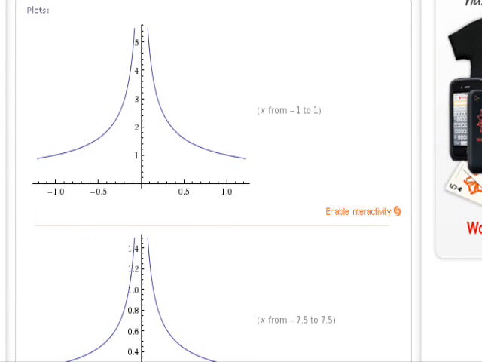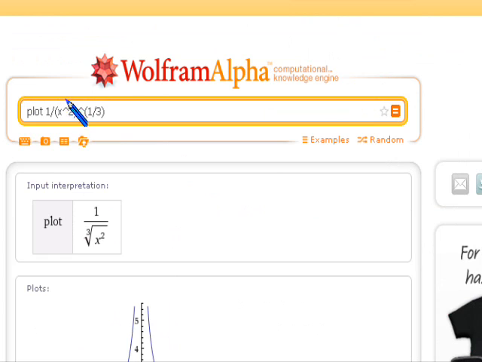Alright, I am going to graph it. So I'm going to plot the function y equals x to the 1/3. I am going to issue the command y equals. I could do that with no problem.